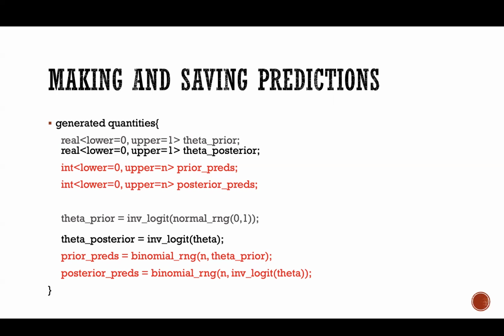In the model, we specify a prior on theta. This prior is not systematically sampled. That's where the target plus equal thing comes in. What happens is that Stan is looking at what happens at theta equal 0.6, and it says, given theta 0.6, what's the probability of generating the data that we're observing? But also, given the prior, what is the probability of 0.6?